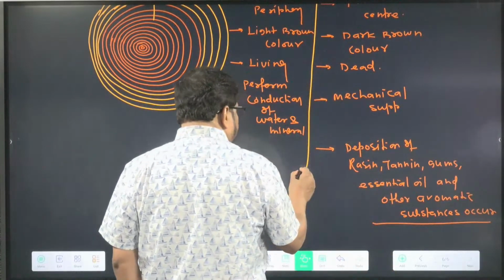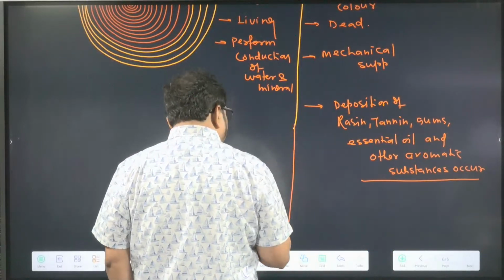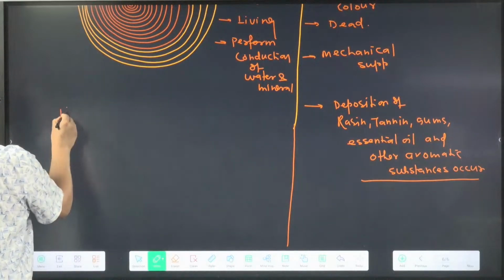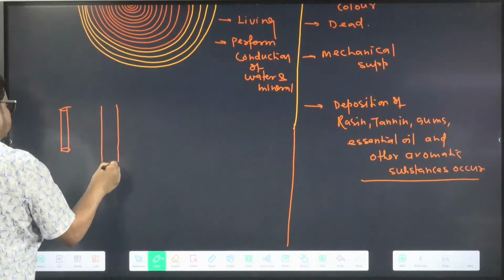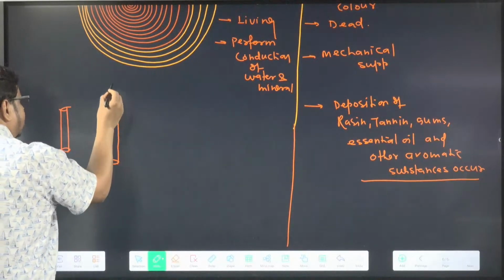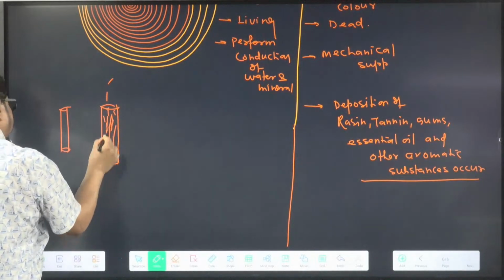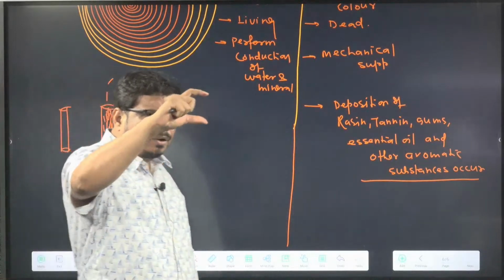So just try to understand. Now I am telling you this is a pipe and this is another pipe. This pipe is blocked due to deposition of something. So when this pipe gets blocked, it becomes a rod, na?